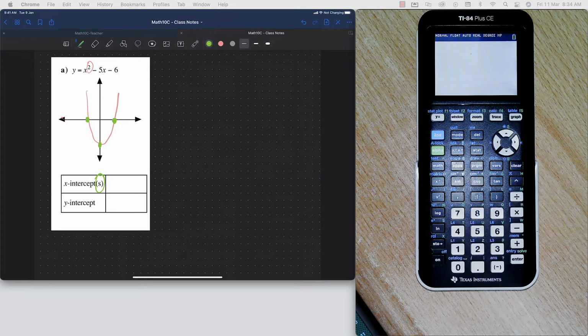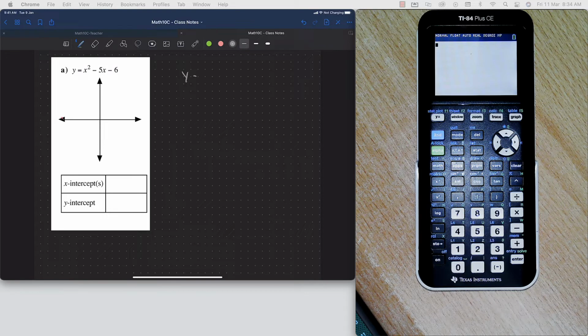So the X-intercepts. Now, there possibly could be 0 X-intercepts if the parabola was to start right here and go up, or start right here and go down. Okay, so let's just see what we end up with right here, and let's lay this thing out.